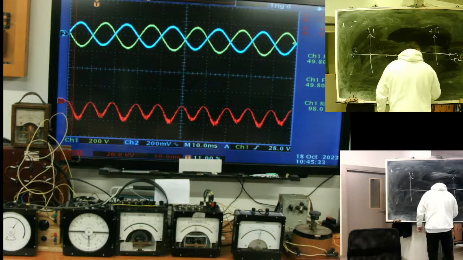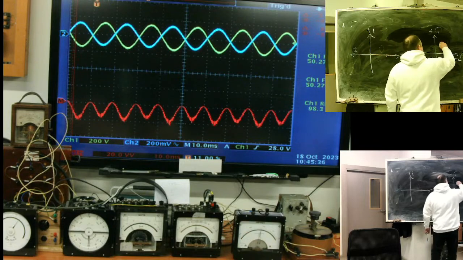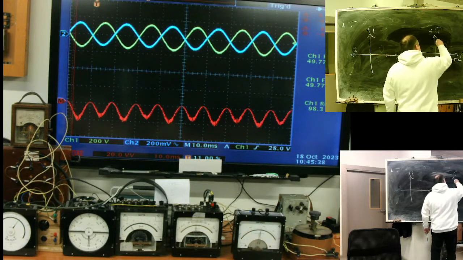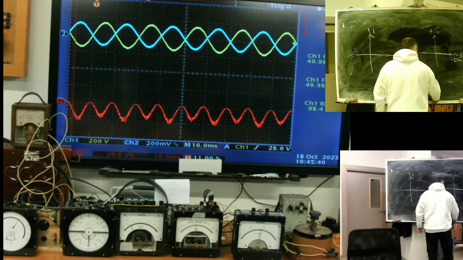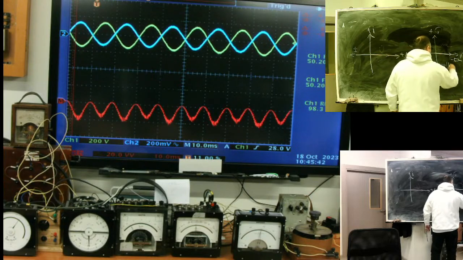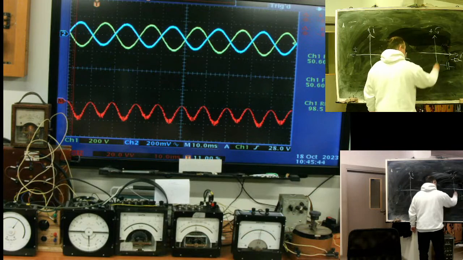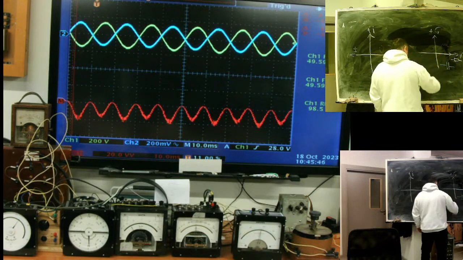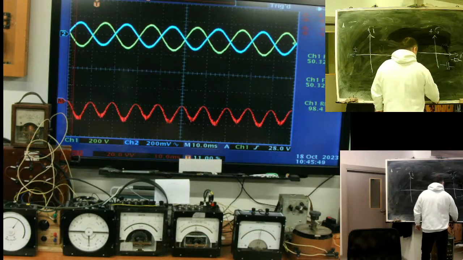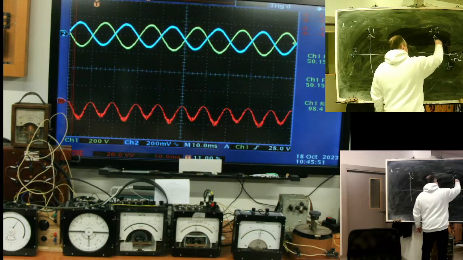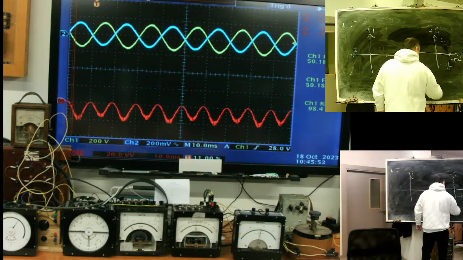Active load this way will be coils, capacitors, ideal capacitor, ideal coil.